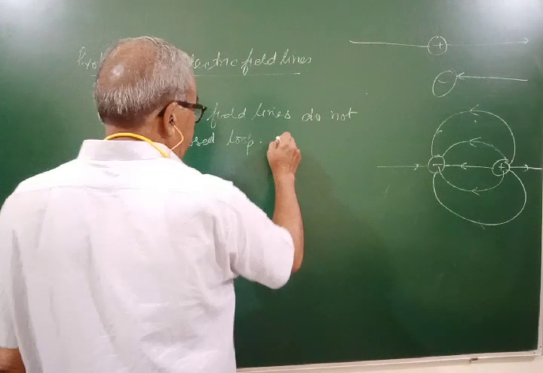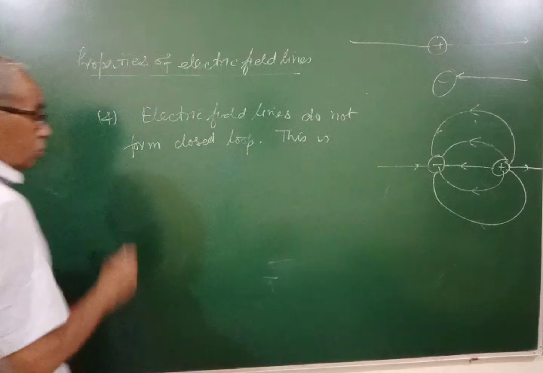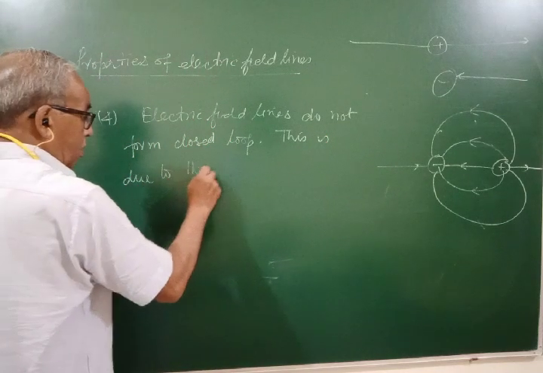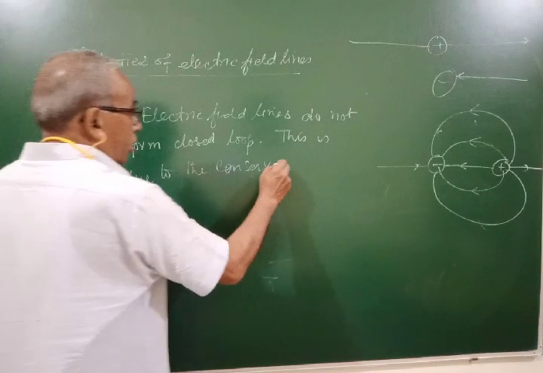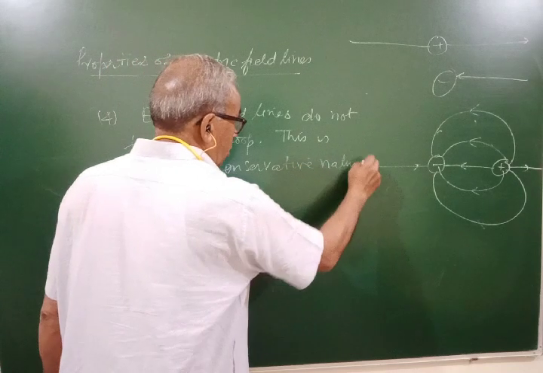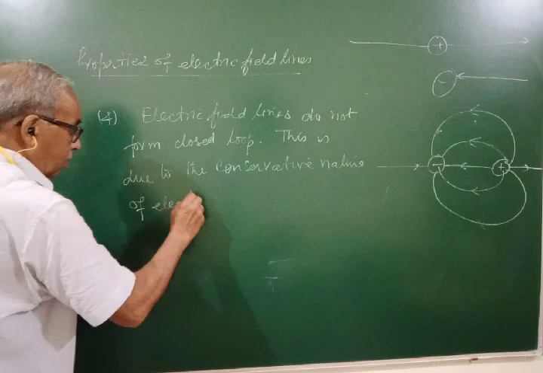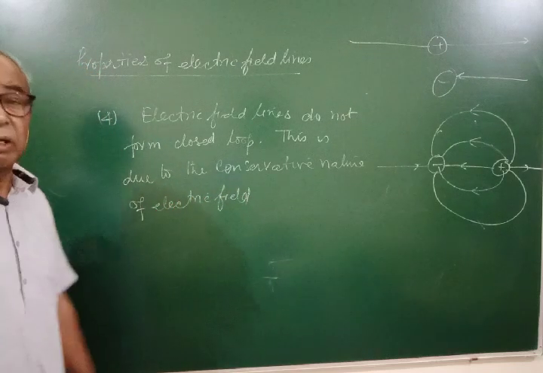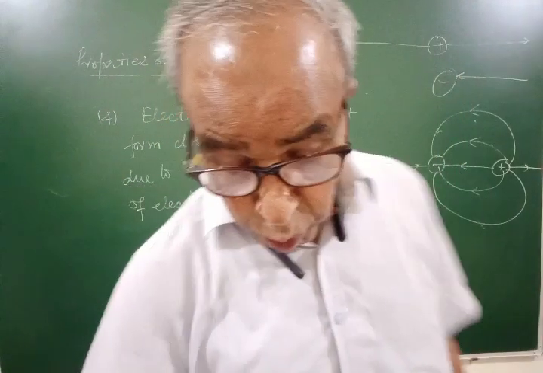And here they say this is due to the conservative nature of the electric field. Or you can say, since the electric field is conservative, field lines do not make closed loops.